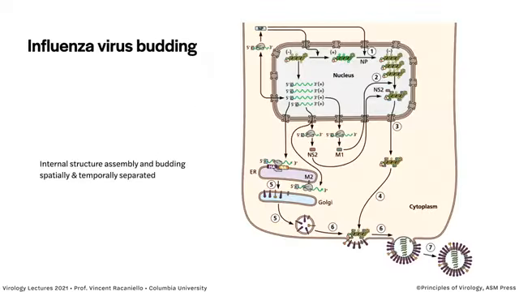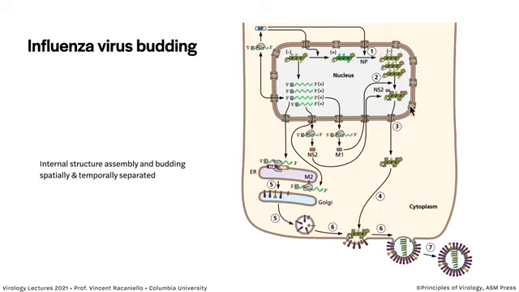So let's see some examples of how this works. Here's influenza virus budding. And again, this is an example of concerted assembly. We have two separate parts assembled. The internal structure, the RNP, is made, and then this all makes a particle at the end, the concerted part.